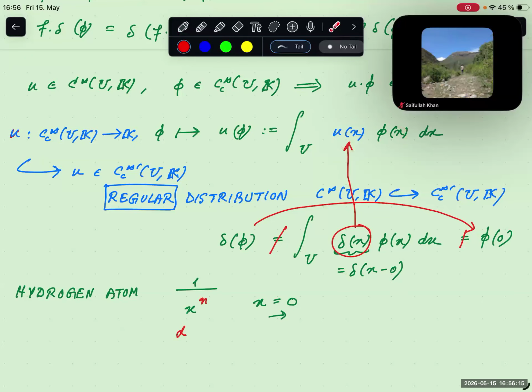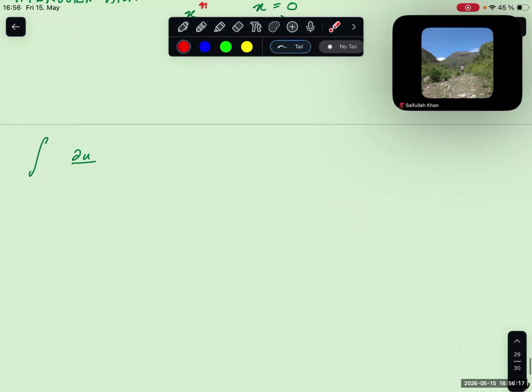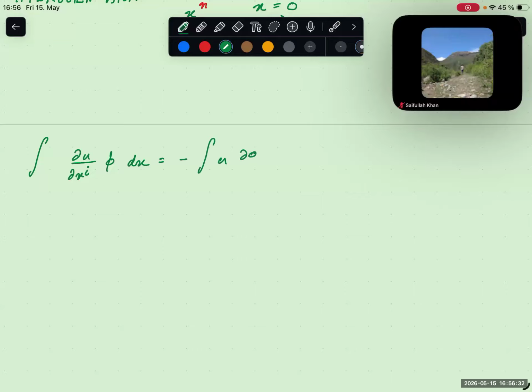So u is a smooth function, and we are doing integration by parts. Then you know, if you do integration by parts, you will get minus u dφ/dx, right? That's the integration by parts.